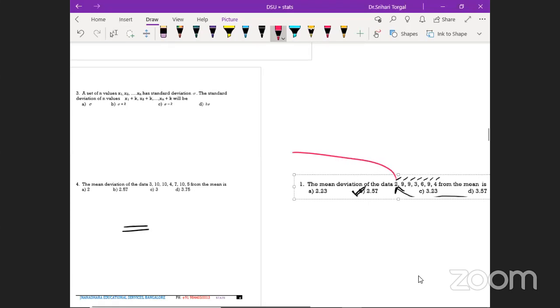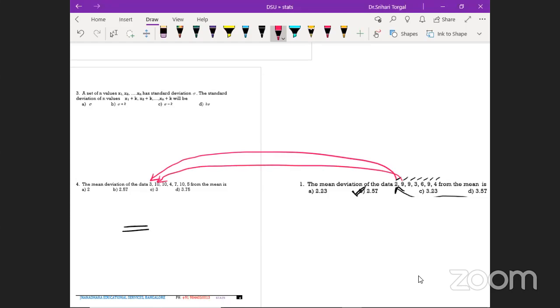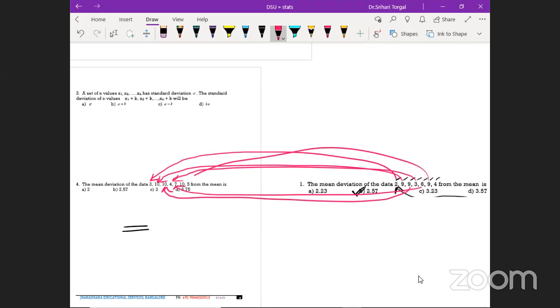Here we have 2 and here we have 3. Here it is 9, here it is 10. 3, 4, 6, 7, 9, 10, 4, 5. What is the difference? Yes, the difference is 1.